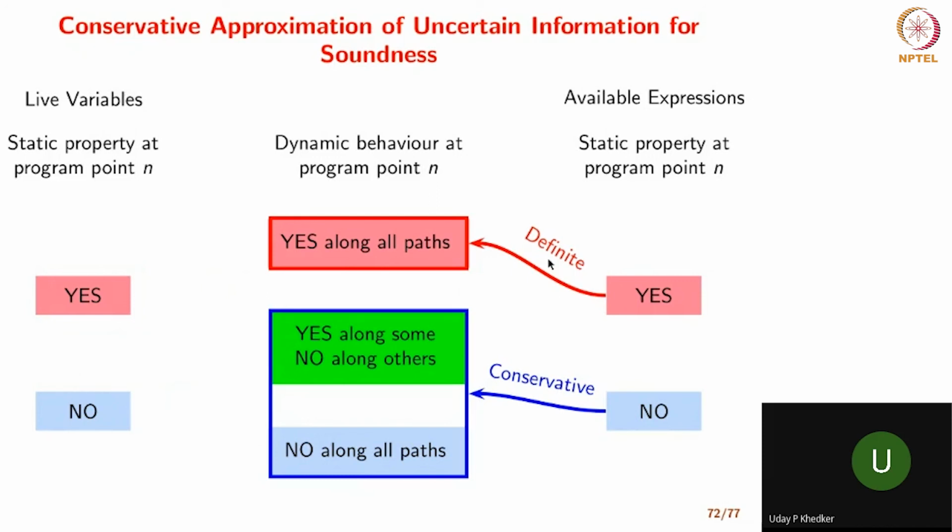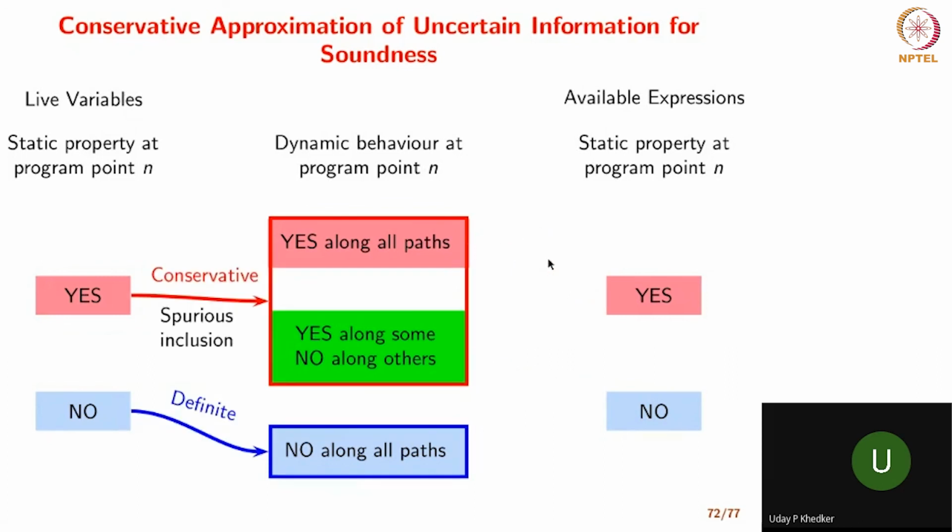Optimization is always done using definite information, and therefore our optimizations are all sound, and although we are making conservative approximation, our results are not going to go wrong. So this is how we model uncertain information as conservative information depending upon the particular problem.